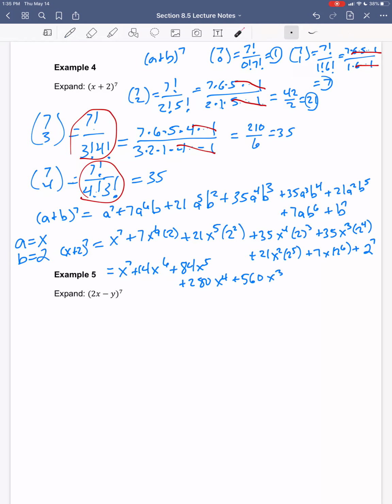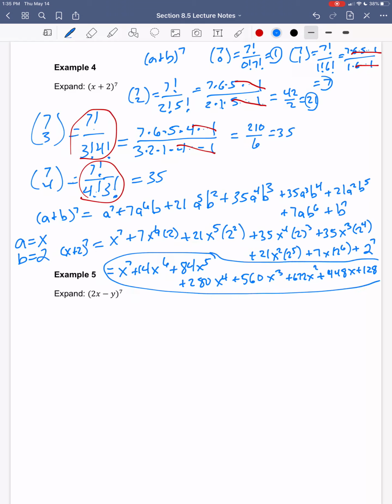Then next, I'm going to get 21 times 32. That's 672. 7 times 2 to the 6th, so 2 to the 6th is 64 times 7 is 448. And then 2 to the 7th is 128. So I can find that without doing all the work.